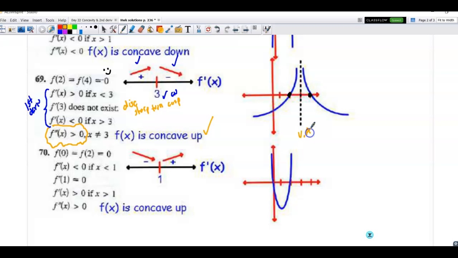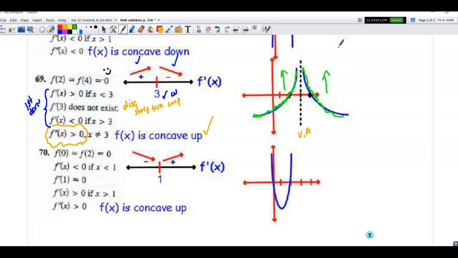So there's my vertical asymptote. And then the graph is supposed to be increasing. Let's change colors here. Increasing on region 1. I'm just looking at my number line, and we're supposed to always be concave up. And then I'm supposed to be decreasing, and the graph is always supposed to be concave up. So I have concave up and concave up.